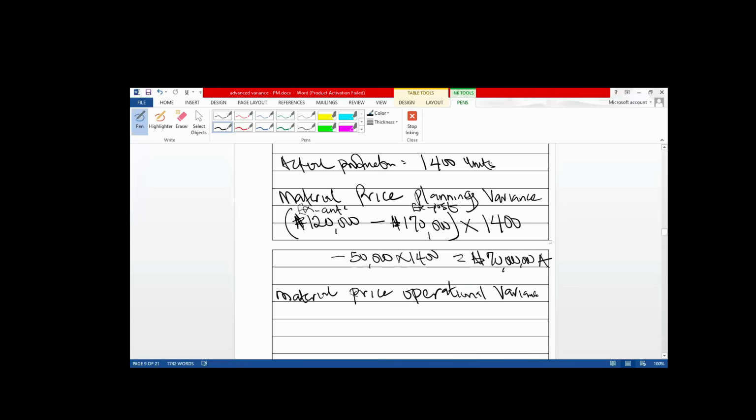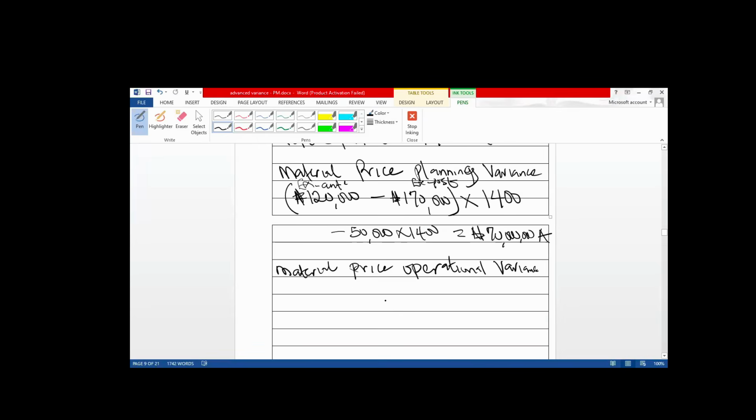If you have to calculate this, it is ex-post standard cost minus actual.